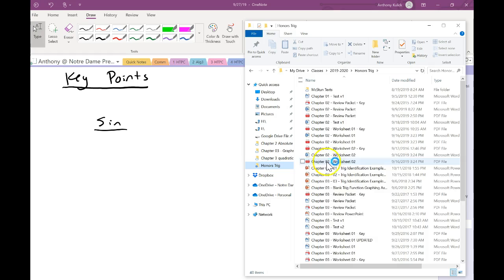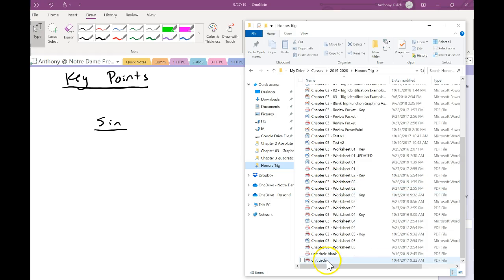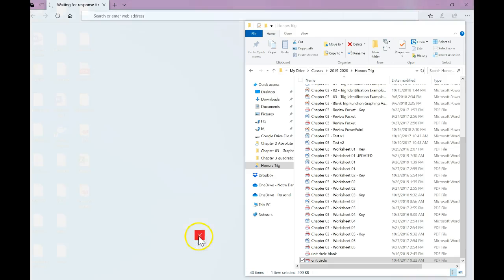This is where I want it. Computer is so slow. This is absurd to open a PDF.